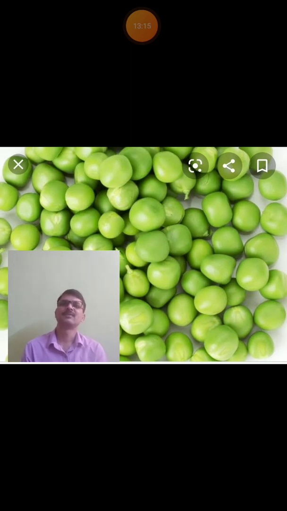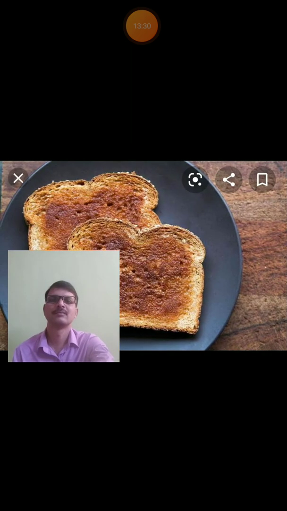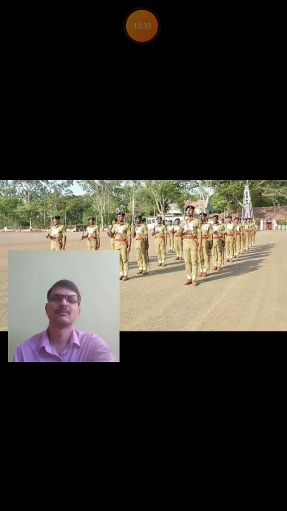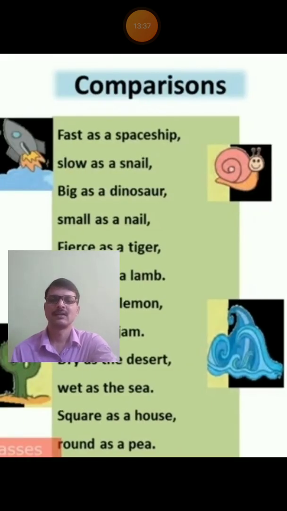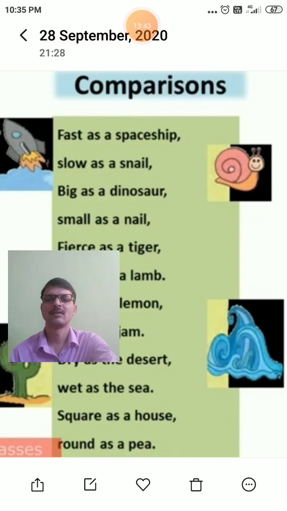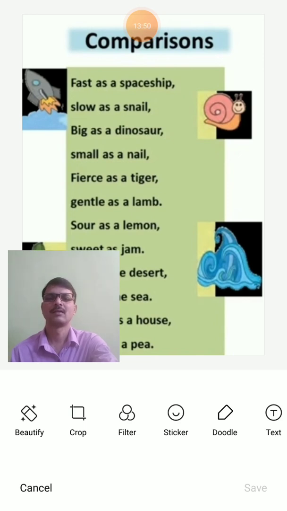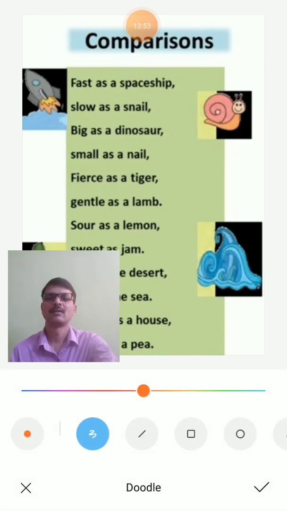Then if we consider the four lines, we will come to know which are the rhyming pairs in this poem. Now look here: spaceship, snail, dinosaur and nail.